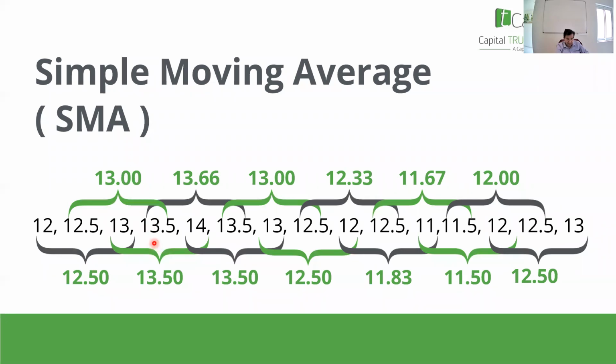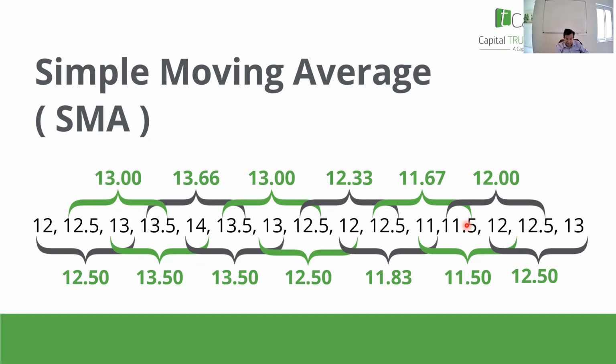Next 3, 13.66. Next, 13.50, and so on, it goes on. If you have the patience to go through it, you'll see that the alternating black and green double brackets show where the means are. If you take the series of these means, that will be a simple moving average series.